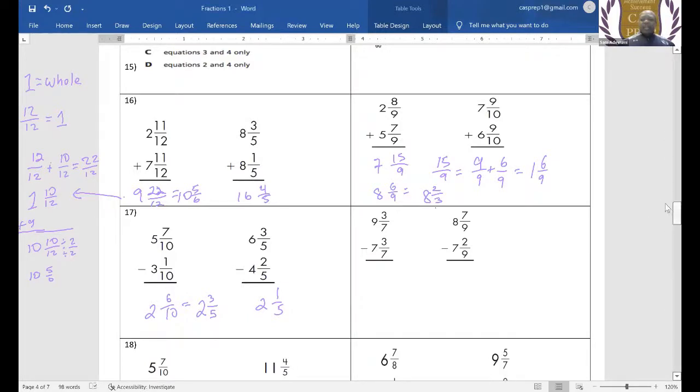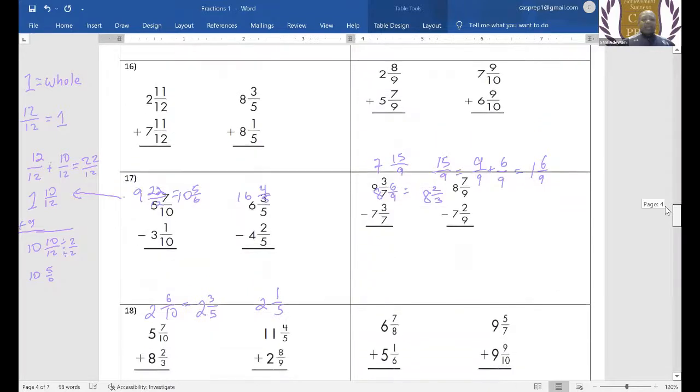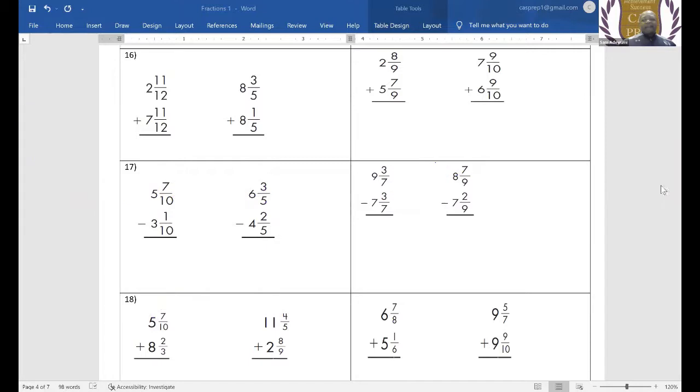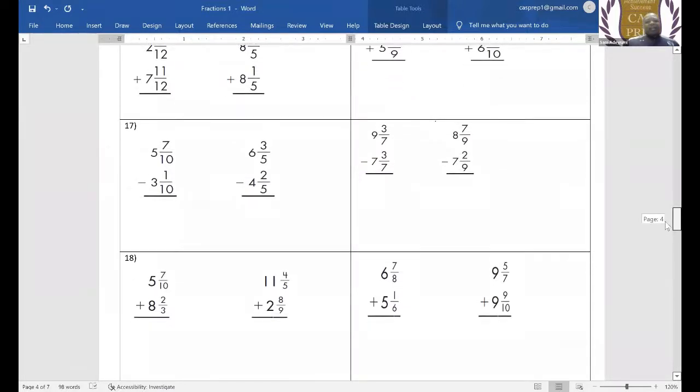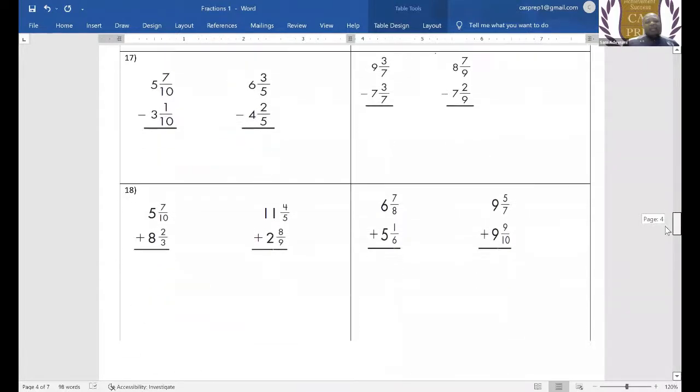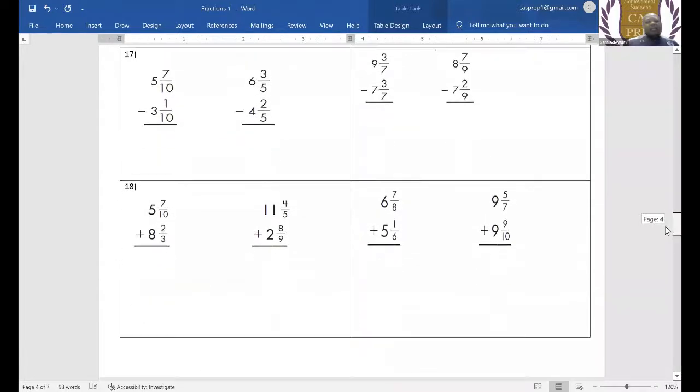Next week we're going to take a look at adding and subtracting proper fractions, improper fractions and mixed numbers with different denominators.